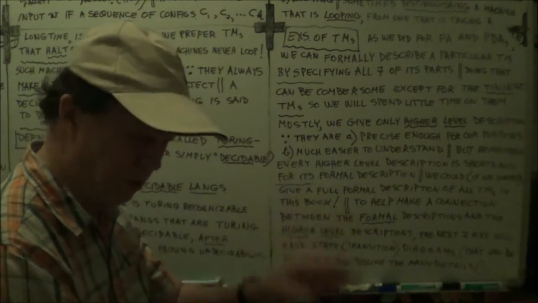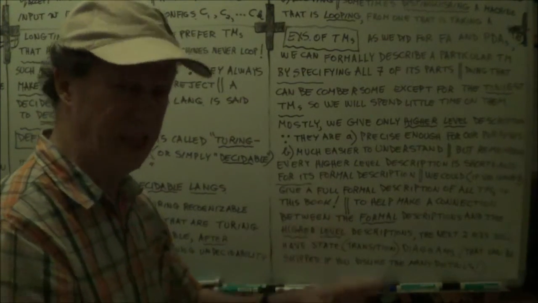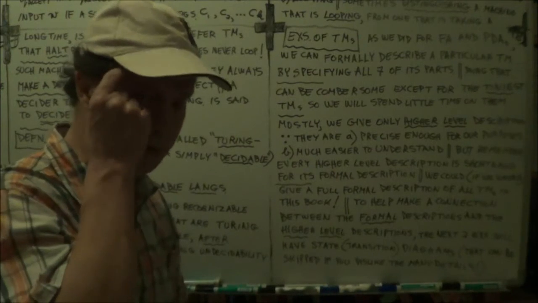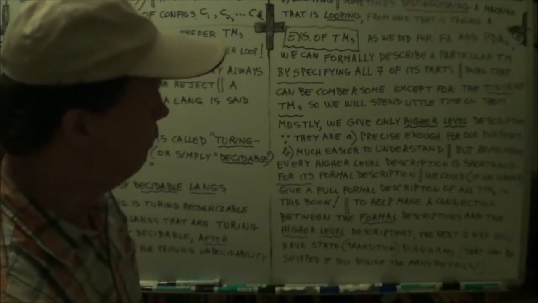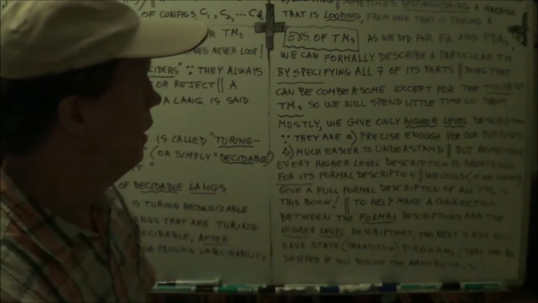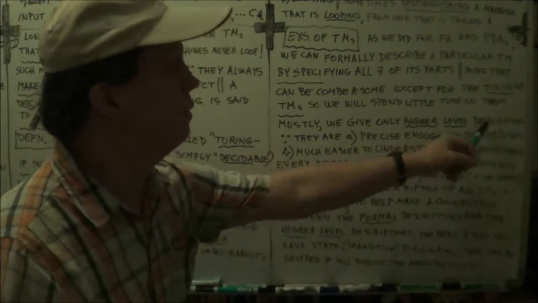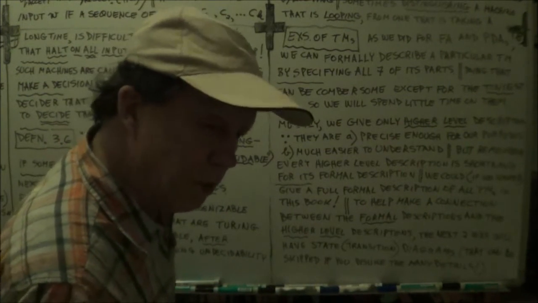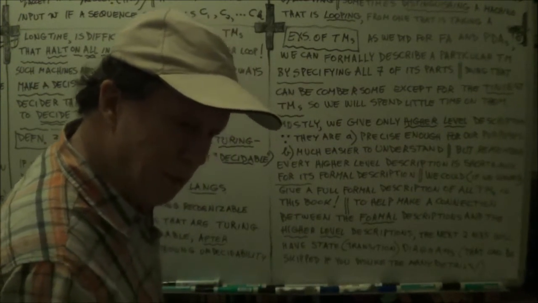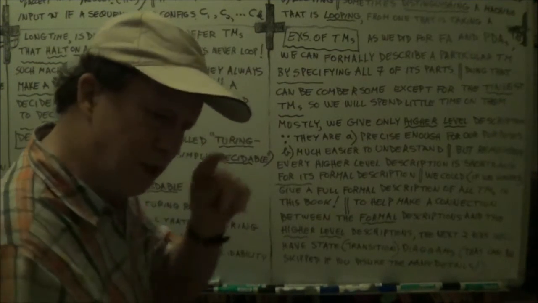Except for tiny examples of Turing machines, maybe then you do it completely. But for the most part, you use a higher level description that does not go into every little detail, but goes into enough detail.